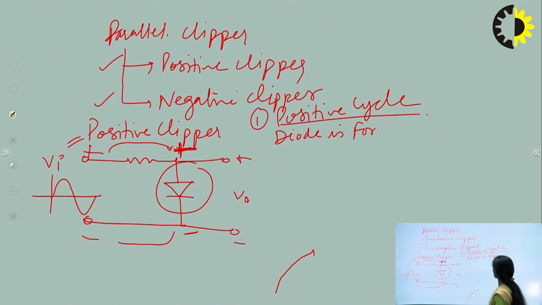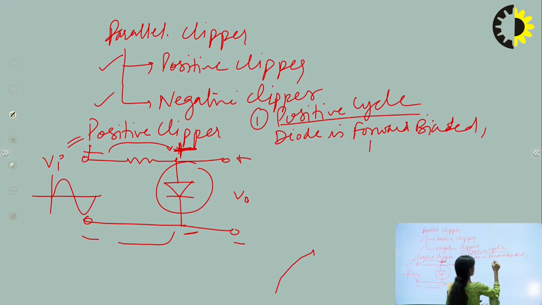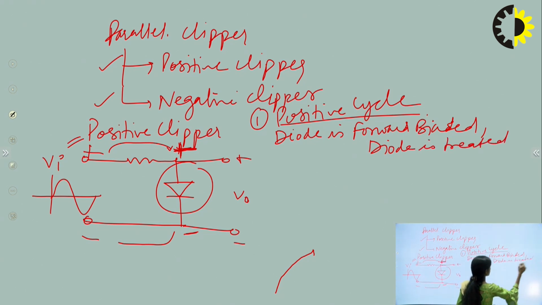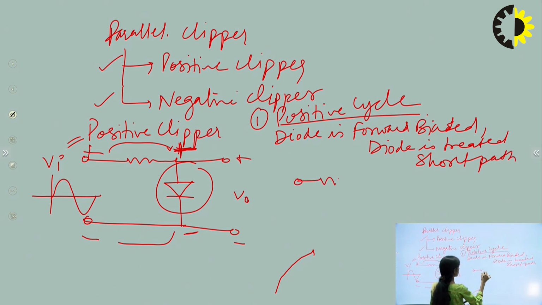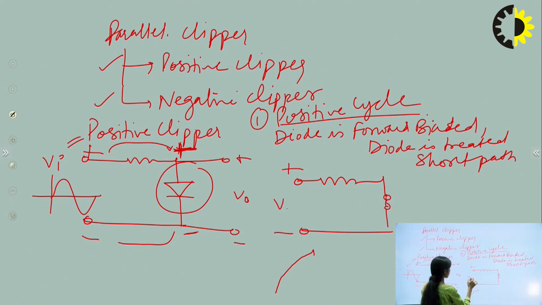If it is forward biased, the diode is treated as a short path, or the equivalent circuit will look like this. This is the short path and this is the input I had given.